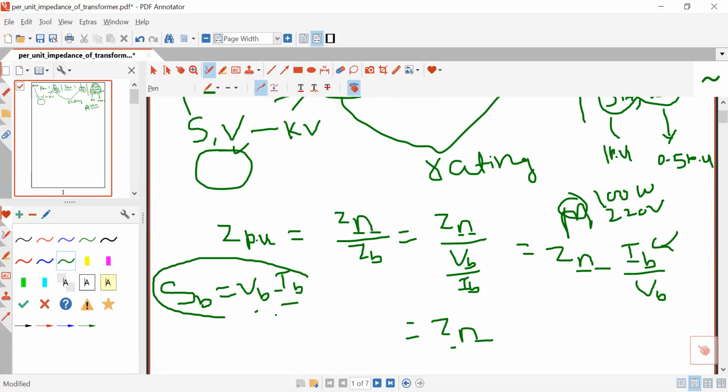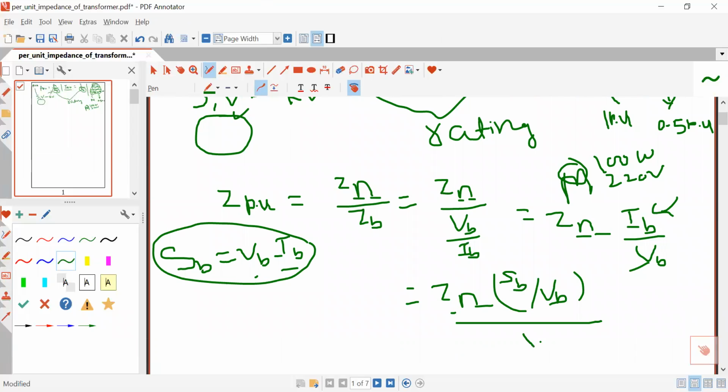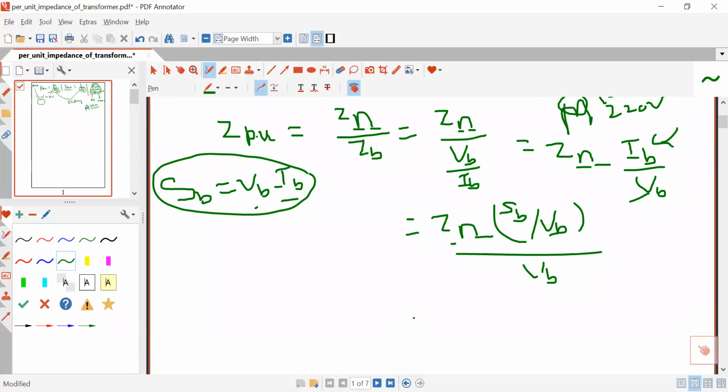IB will be SB by VB. So this will be the final expression, and after solving this expression, you can get Z actual times SB by VB square.